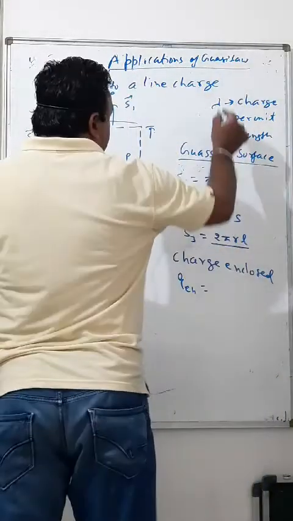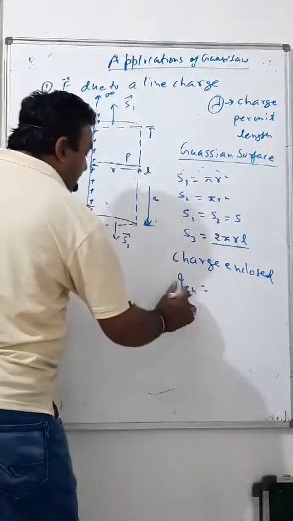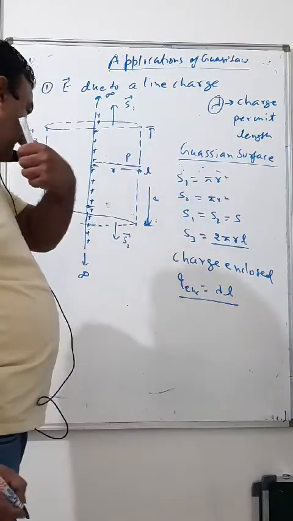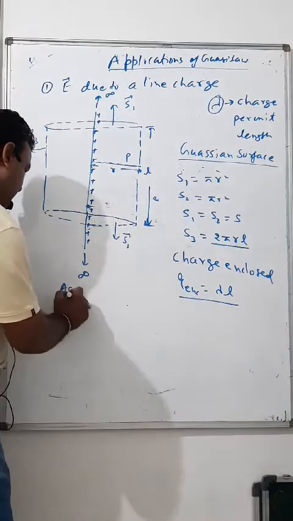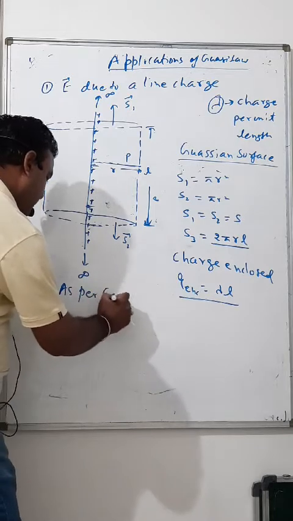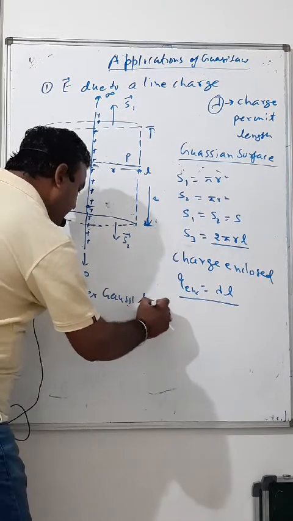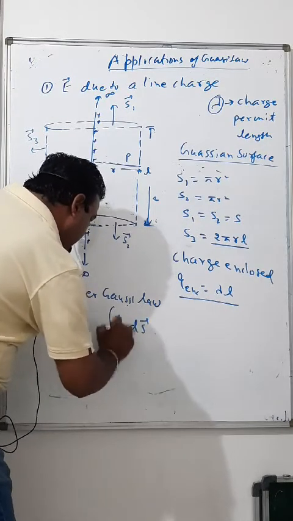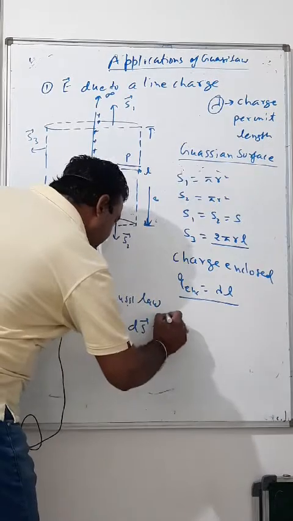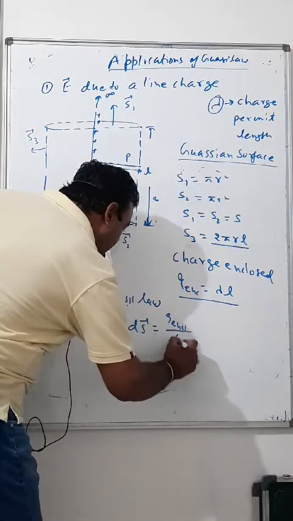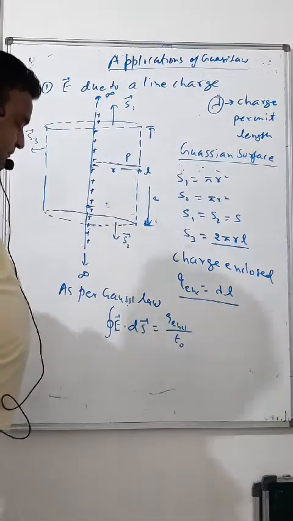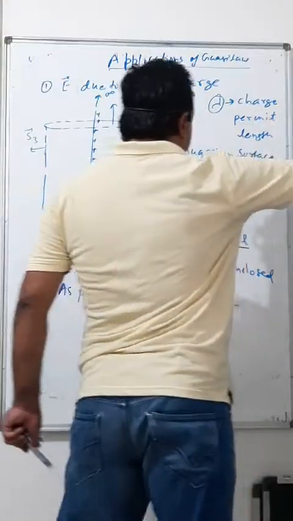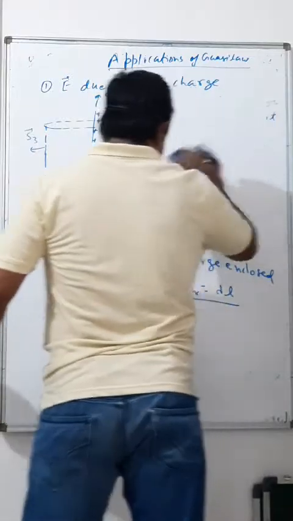So, charge enclosed becomes lambda into L. Now, as per Gauss law, the closed surface integral of E dot ds is Q enclosed upon epsilon. This is the statement of Gauss law.